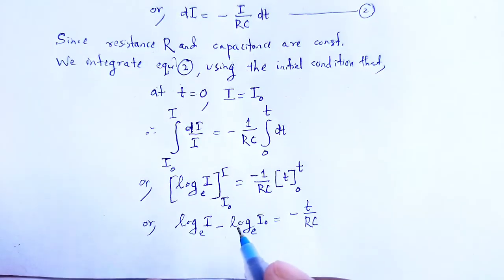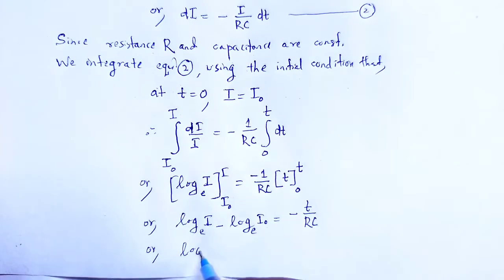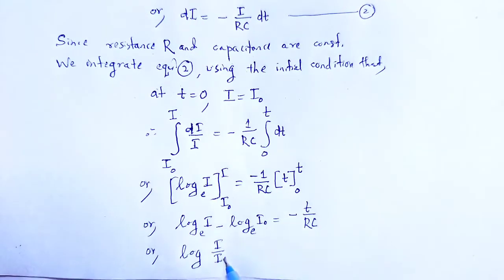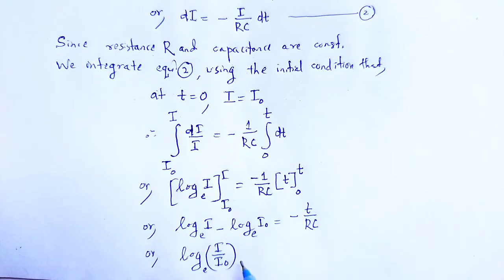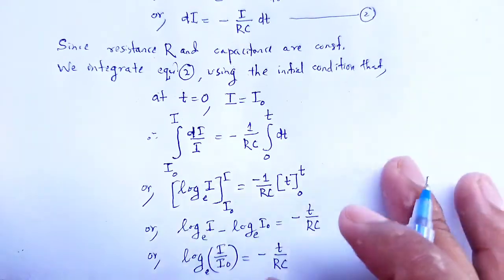Log a minus log b is log a by b, so log I divided by I naught base e is equal to minus t divided by RC.